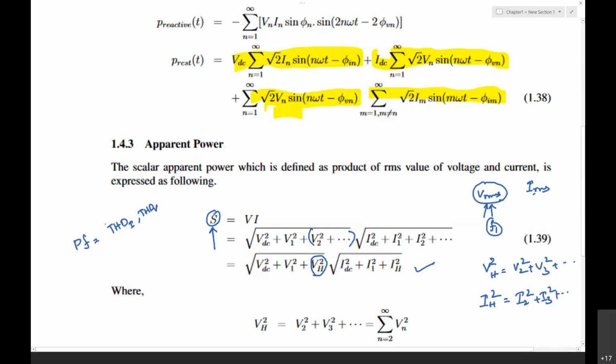Especially with the power factor, you might have heard about the distortion power factor as well as the displacement power factor. When you have THD in currents, the power factor will decrease. To derive the equation of how the power factor depends on the THD of current and THD of voltage, I have expressed the apparent power in terms of the harmonic voltage as well as the harmonic currents.